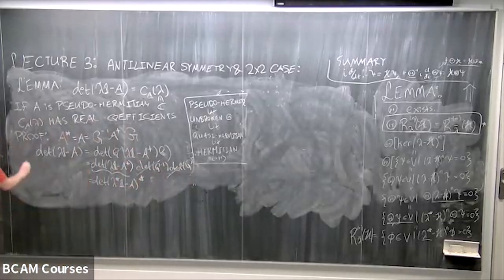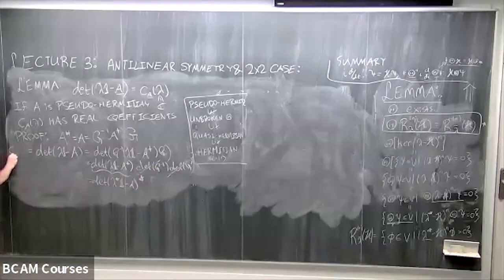And now, what we started with was the characteristic polynomial like this.